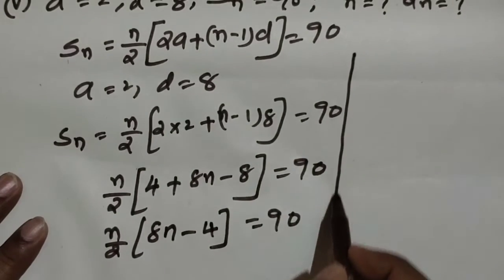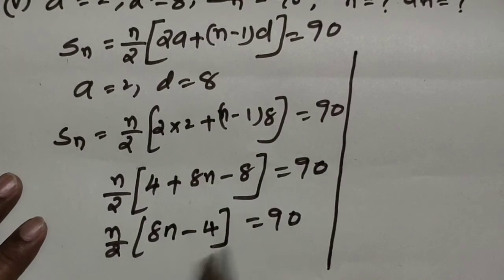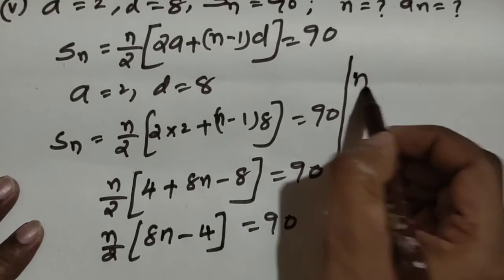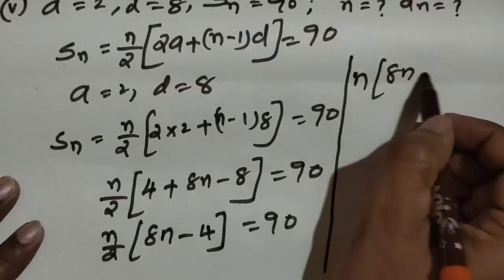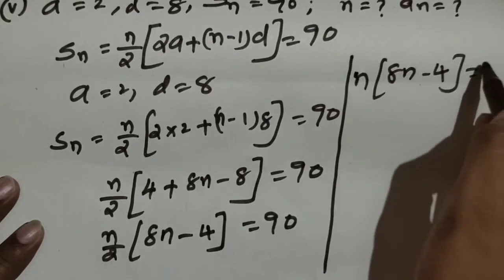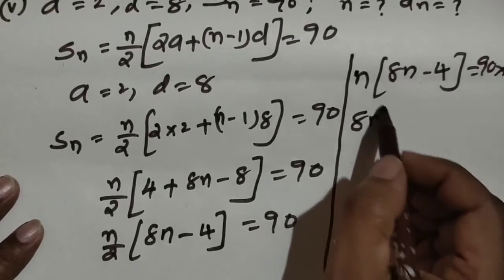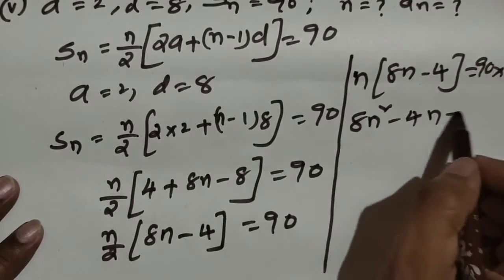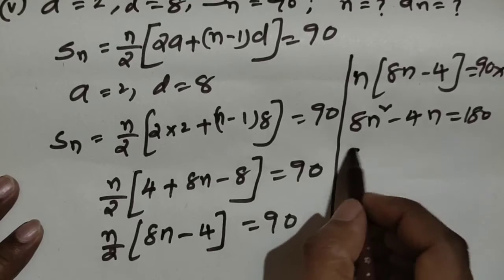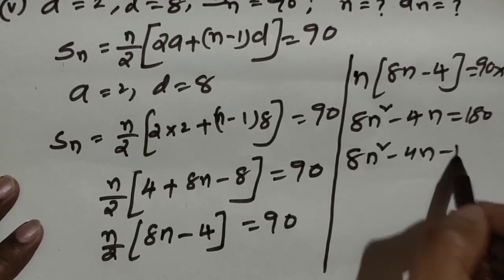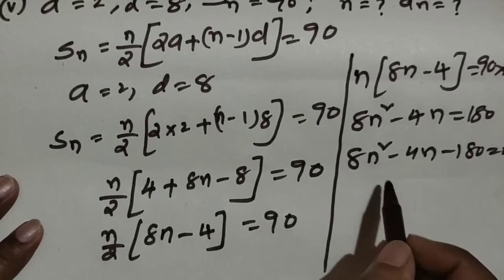Then take this n by 2 to the right side, then we get 2 on the right side: n into 8n minus 4 is equal to 90 into 2. So here we simply get 8n square minus 4n is equal to 180. Then 8n square minus 4n, take this 180 to the left side, minus 180 equal to 0.